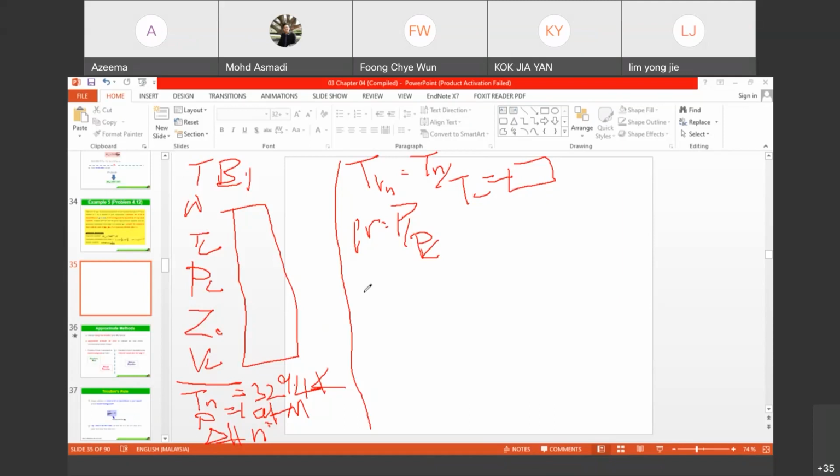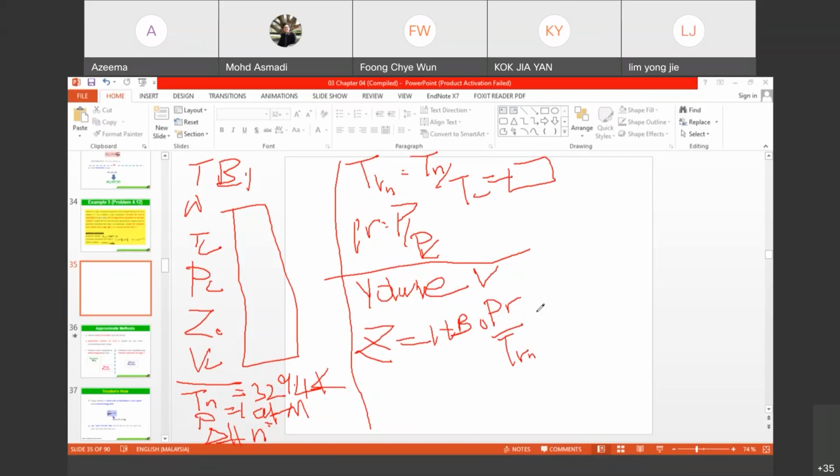For the vapor volume, just use the given equation: Z equals 1 plus B0 PR divided by TR, this one TRN, plus omega B prime PR divided by TR.